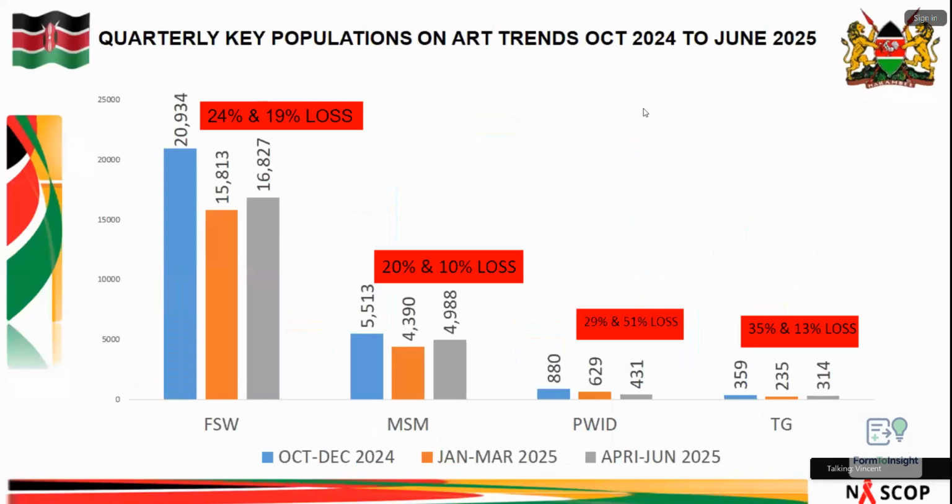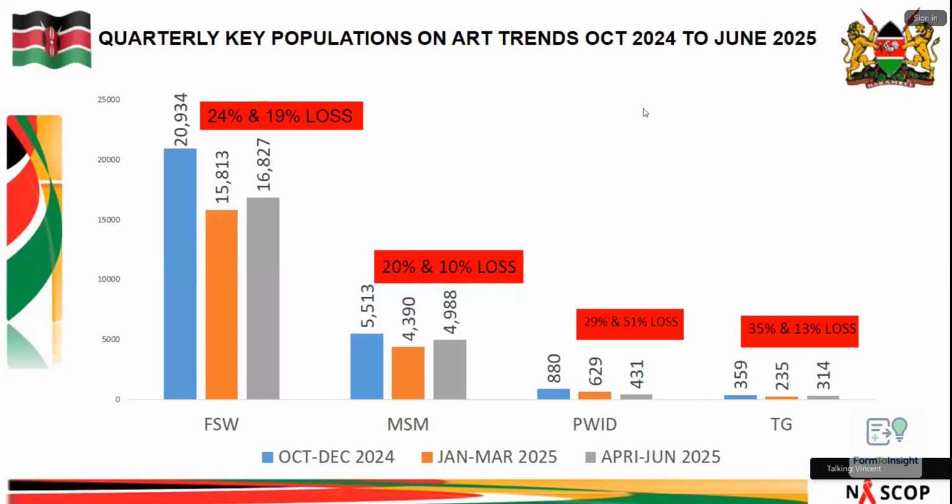So when you look at the trends of key populations on ART, for the quarter ending December 2024, we were reaching 20,934 FSWs on ART. But now by the quarter ending March, we lost 24% of them. And the quarter ending June, we have lost 19% of those clients.